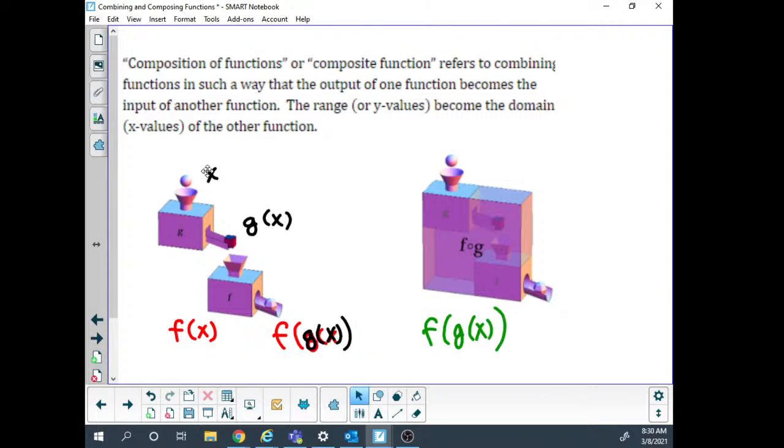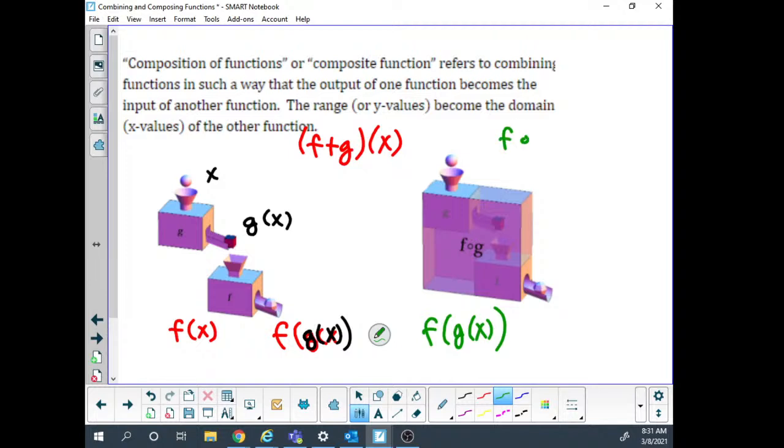Now, remember with adding functions, we said things like f plus g of x, the new function f plus g. Here, if I want f composed with g, we write f, and then a circle, not to be confused with multiplying.